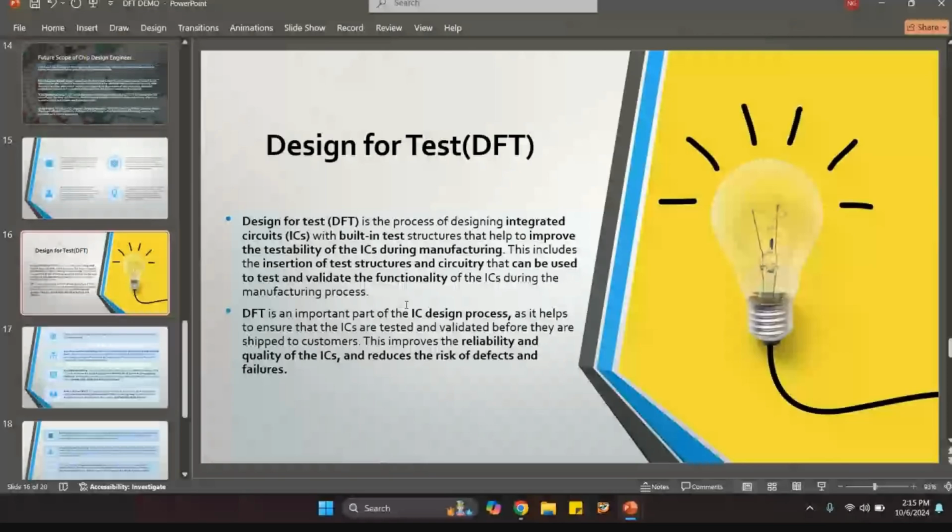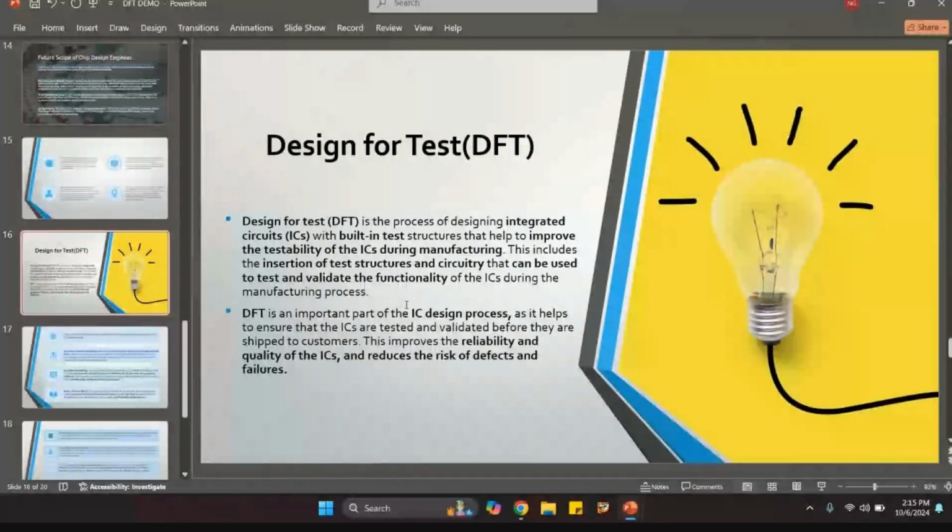So DFT is an important process because all the manufacturers have complained that after the design goes to manufacturing, when they start bulk production of ICs, they are seeing more bad ICs than good ICs. That's a huge loss for the manufacturers.